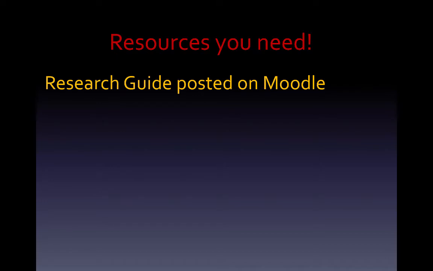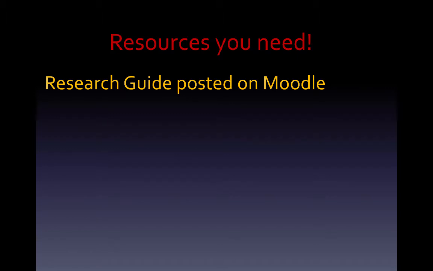In order for you to achieve the goals of this information session, you need to study all of the resources we have made available to you. Besides this tutorial that you are watching now, you need to read and watch all of the parts of the research guide on distinguishing scholarly from non-scholarly periodicals, a guide which is posted in your Moodle shell.